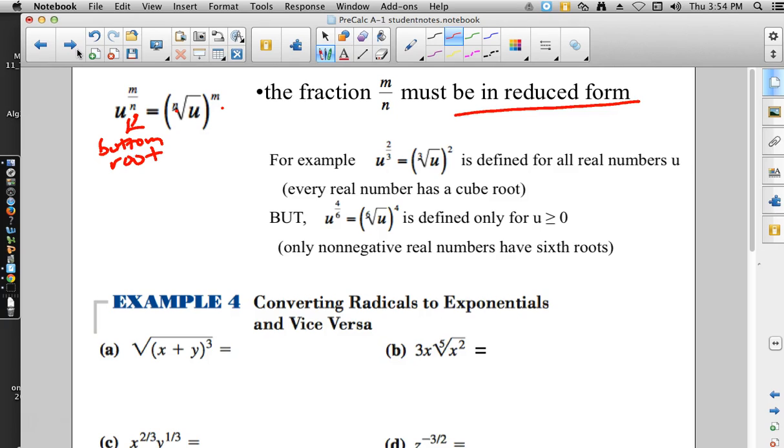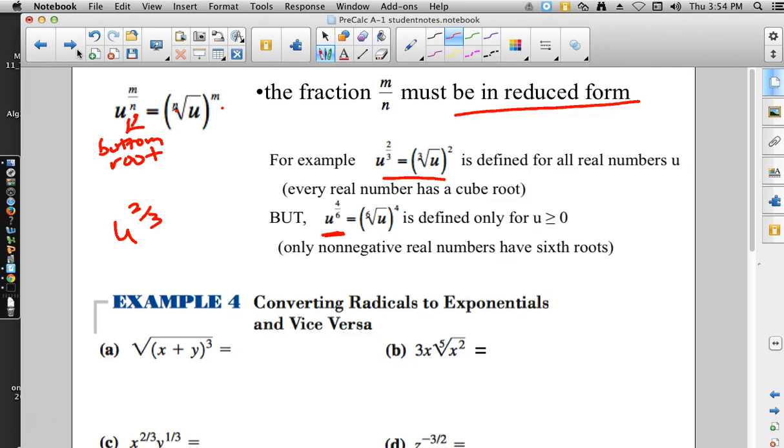Here's why. For example, u to the 2/3 does equal the cube root of u squared. And that's defined for all real numbers u, because every real number has a cube root. Every real number. Uh-oh. Here we see the problem. There are times when we try to take the even root of a negative number, and we know we can't do that. So somebody that looks at u to the 4/6 is going to think, oh, I'll just go ahead and make that 2/3.